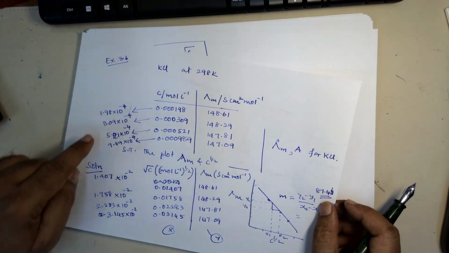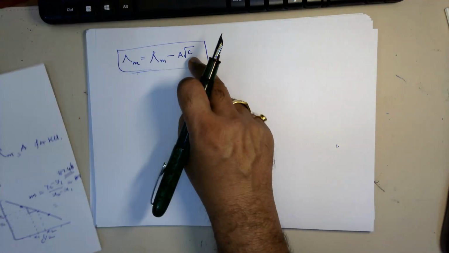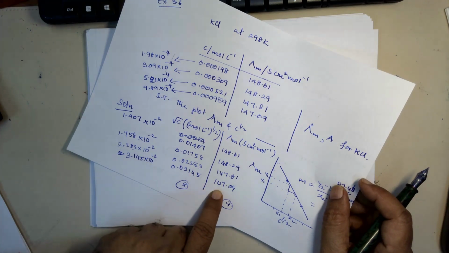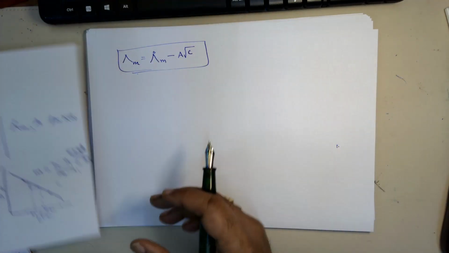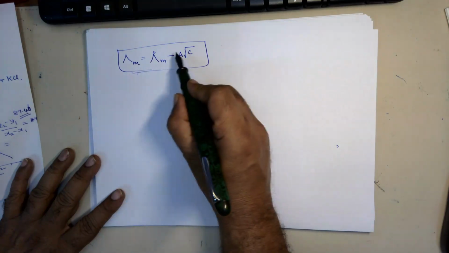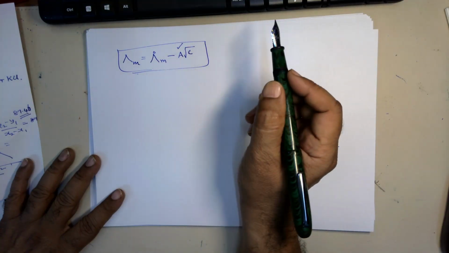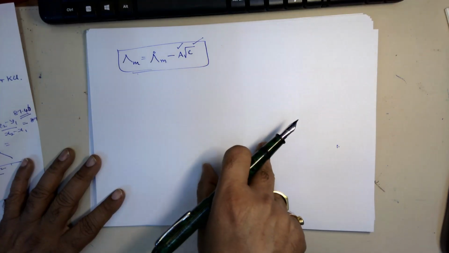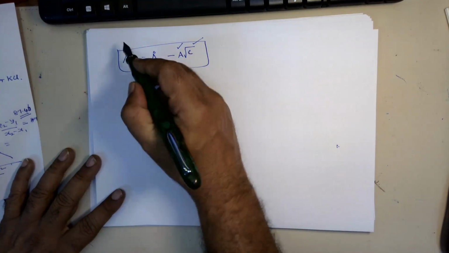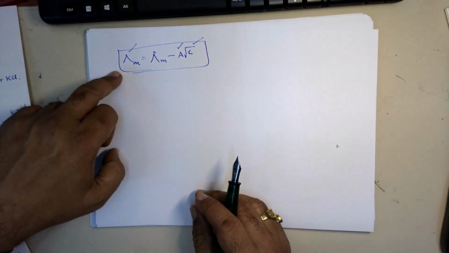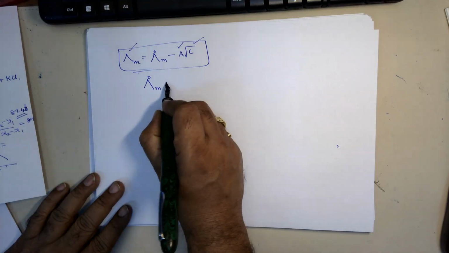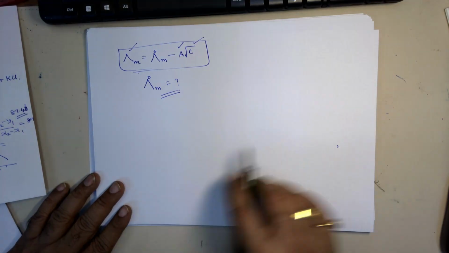For example, you can take this concentration 1.98, and you already got this root C value. So for this root C value, this is the lambda m. Now you have got the slope, and A you already calculated. Root C, we take from the concentration, and for the respective value you have got M. By knowing all these values, lambda not m can be determined.